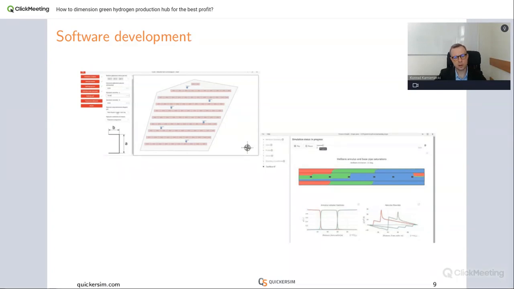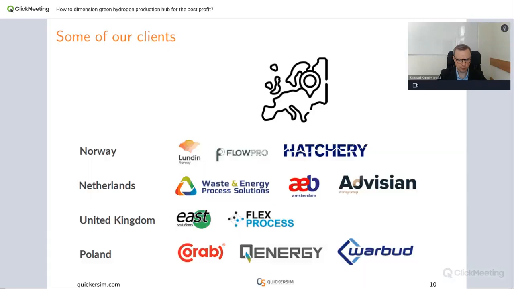And we also write software for the oil and gas industry for Norwegian customers, on how to most efficiently extract oil from the bottom of the sea. And here are some selected customers. Like I said, we work for Norwegian companies, also for Netherlands companies, United Kingdom companies, and of course, as we are based in Poland, we have customers from Poland as well.